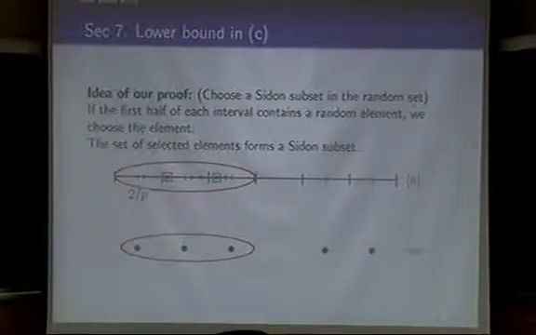So the number of random elements in the first half of each interval is something like a Poisson distribution. So with a positive constant probability, the first half of each interval contains a random element. Let's say the constant is c; then we can pick c times square root of np elements. So this is the end of the proof.